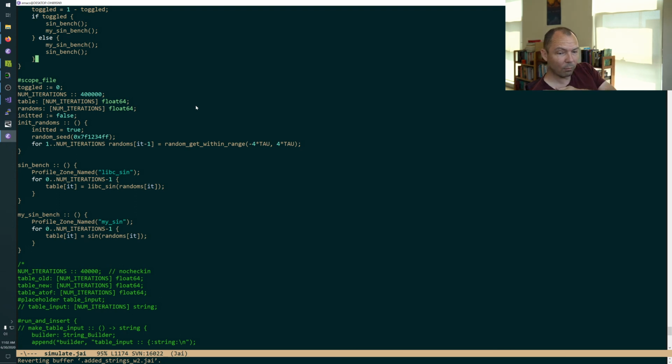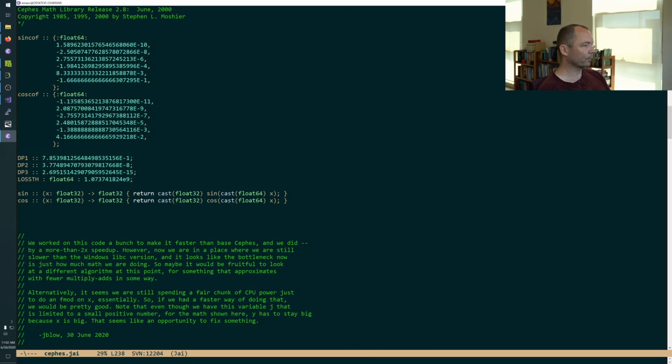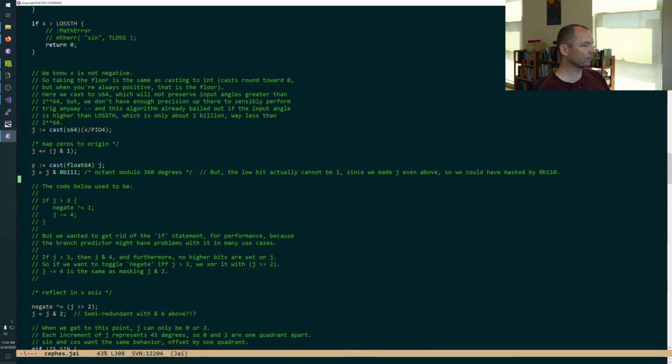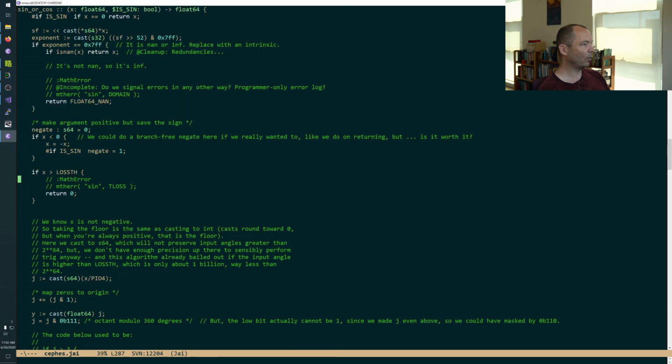Can make negate branchless now that I'm measuring it. Right. So, okay. You mean this part in the beginning. Right here. Okay, let's do this again.